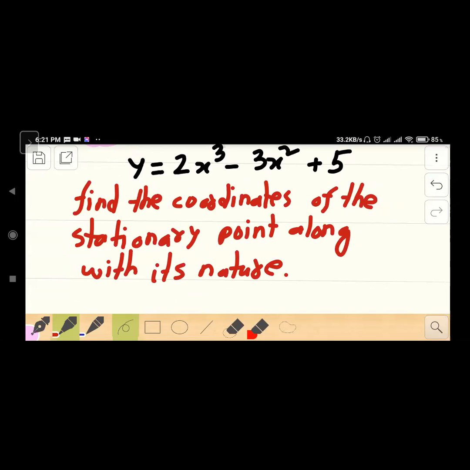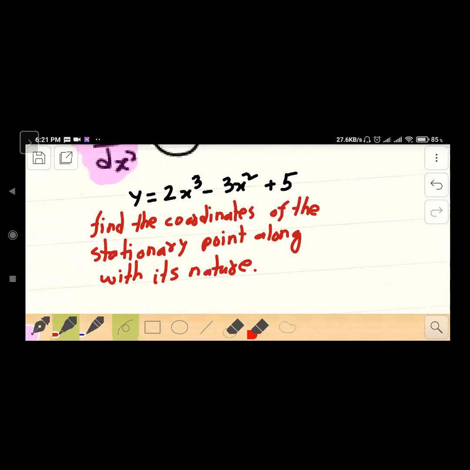Find the coordinates of the stationary point along with its nature.